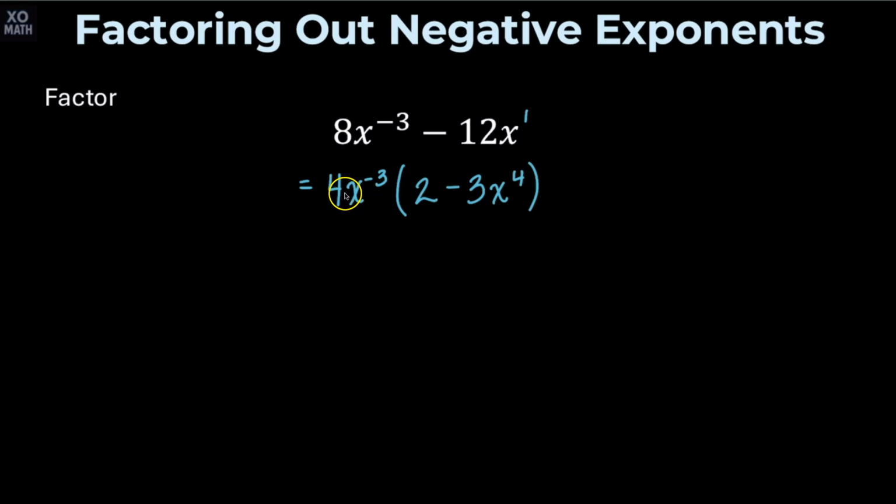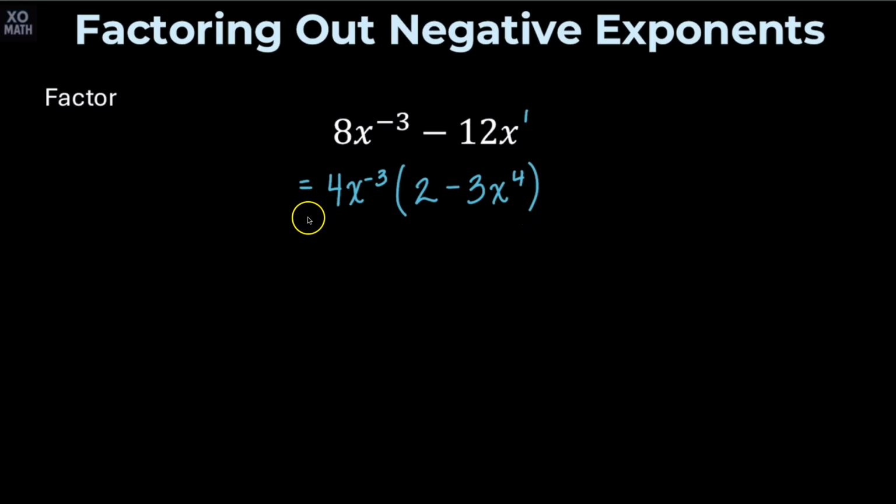And again, we can check by distributing. 4x to the negative 3 times 2 is 8x to the negative 3. And 4x to the negative 3 times negative 3x to the fourth, we'd multiply 4 times negative 3 to get negative 12. And x to the negative 3 times x to the fourth, we add those exponents to get x to the first.